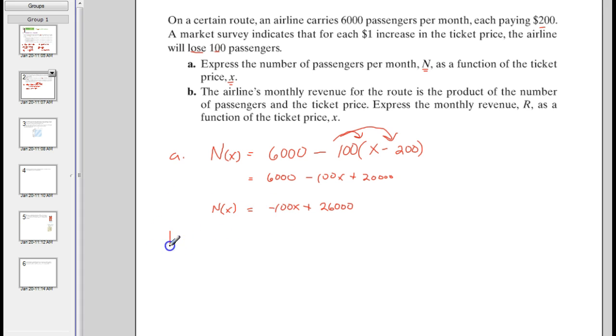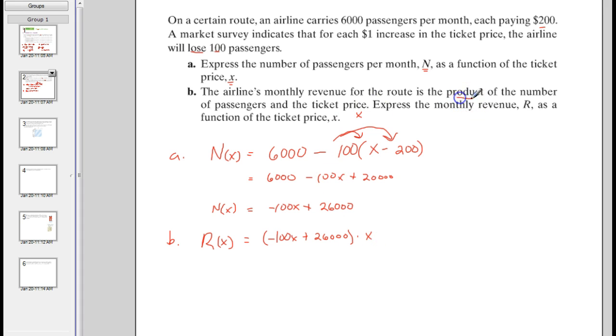Alright, and then part B says the airline's monthly revenue for this is the product of the number of passengers and the ticket price, which is, remember, X. So the revenue function, again, they want us to use R, how much money they make, is equal to the number of passengers, which is the function that we just did, times X, the ticket price.